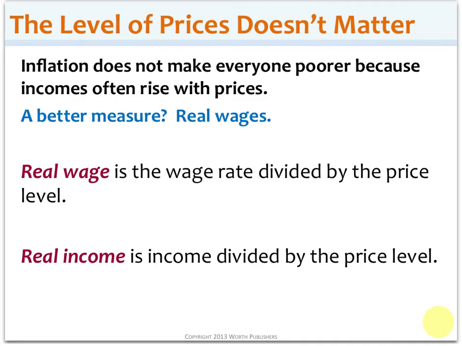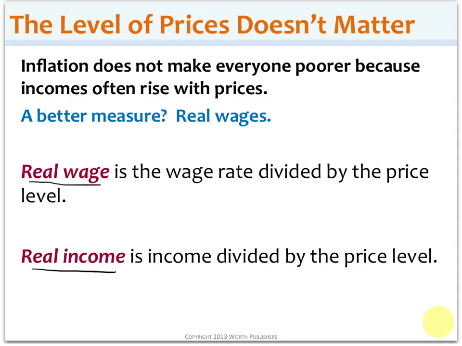We'll want to remember that real in this class means adjusted for inflation. So for instance, if you've got a wage rate of $10 an hour and that moves up to $11 an hour, you've got basically a 10% increase in your nominal wage, but if prices have risen by 10% as well, then your real wage is unchanged. And we can take similar measures with real income, real GDP, real interest rates.